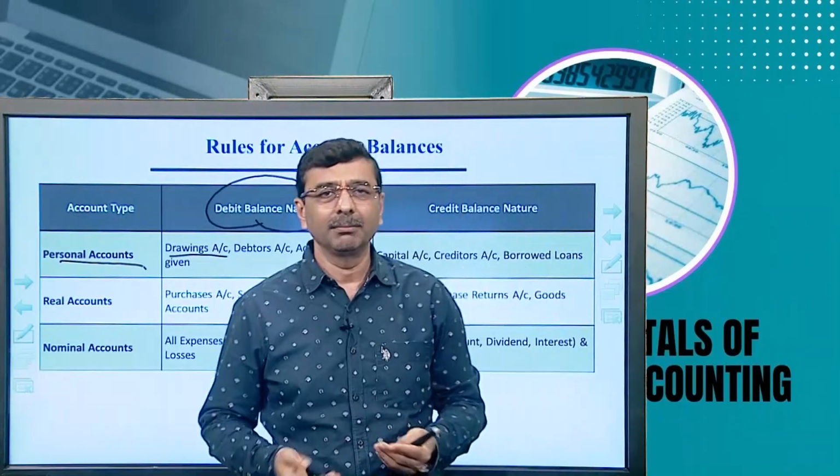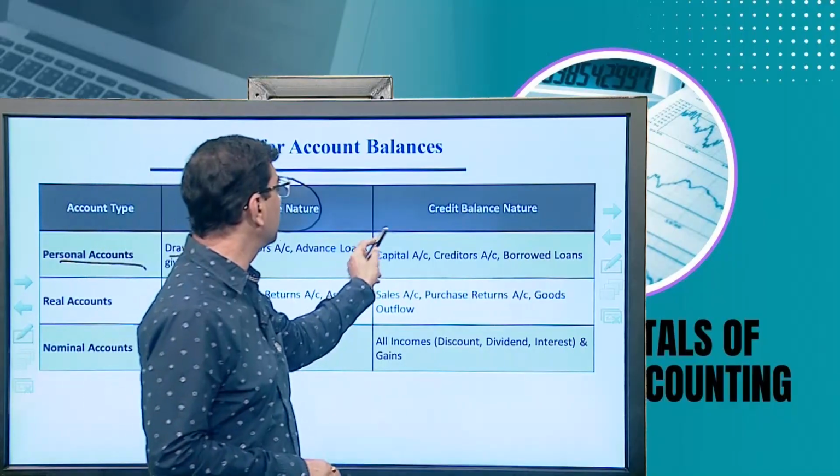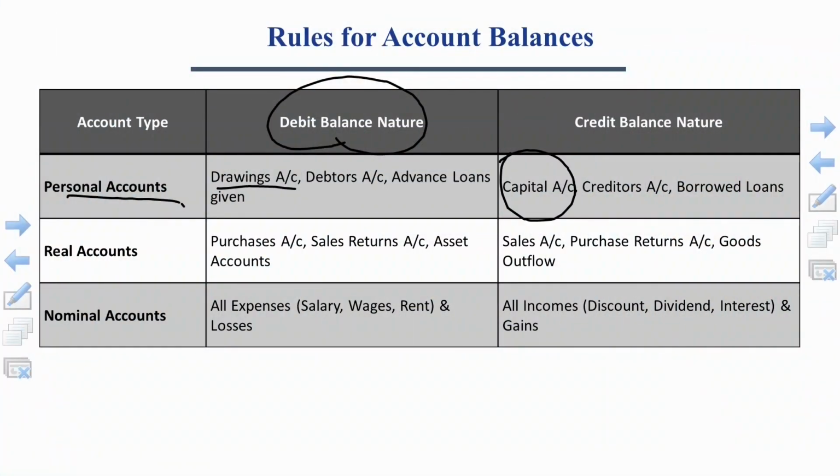Reverse, capital means the person who is investing in the business, and it is always considered a credit, because the capital is invested by the owner. That is why it is always credit.